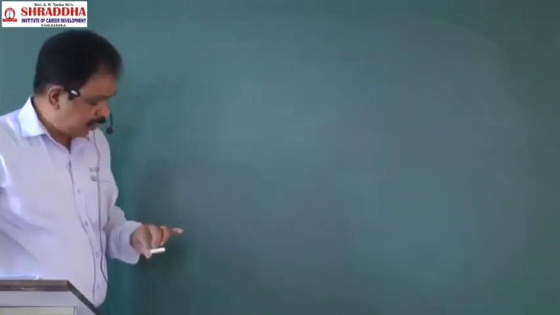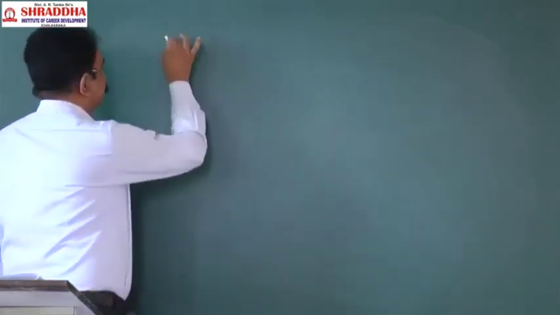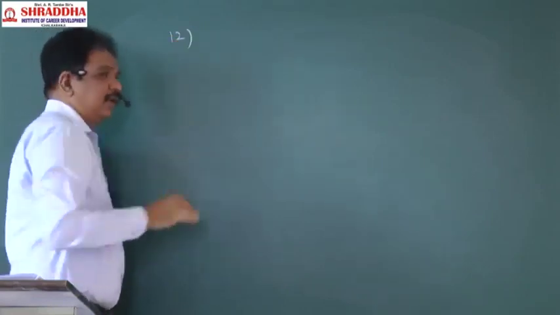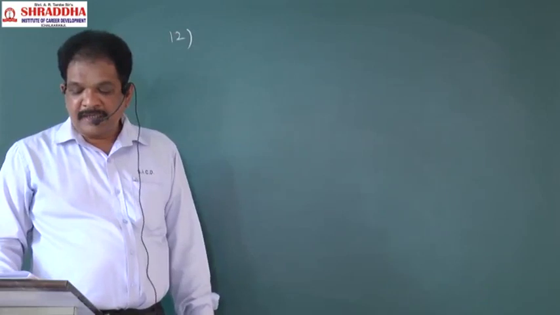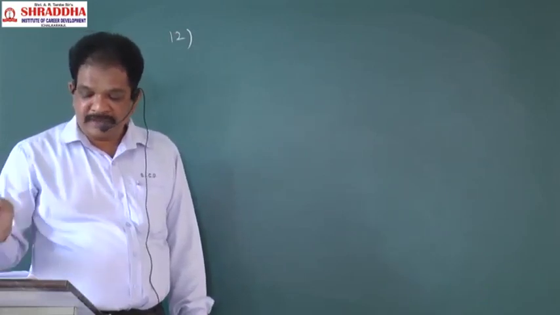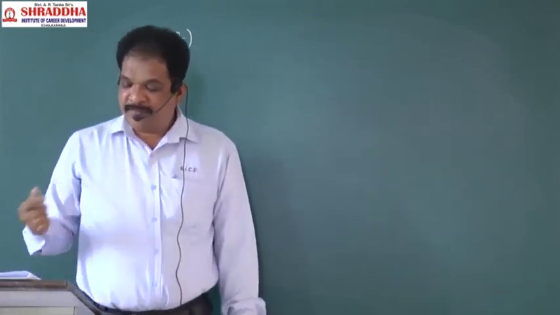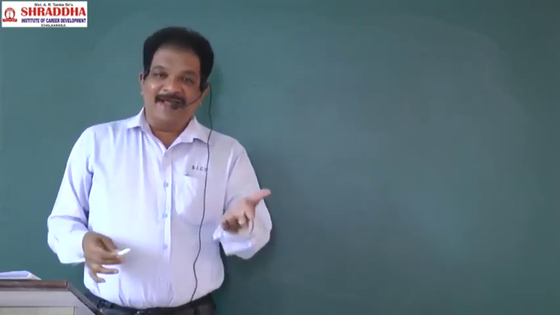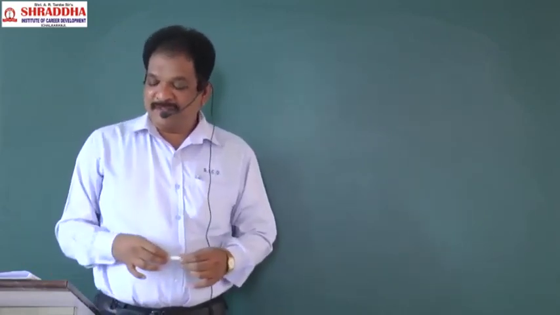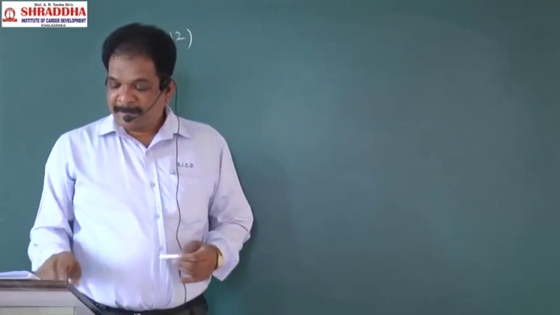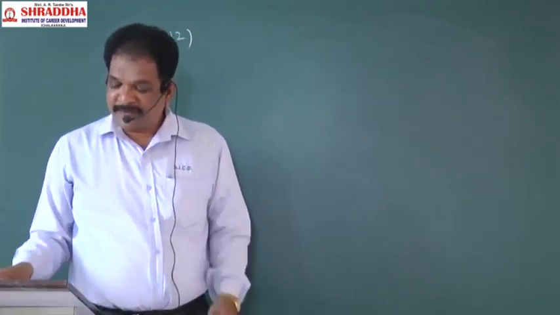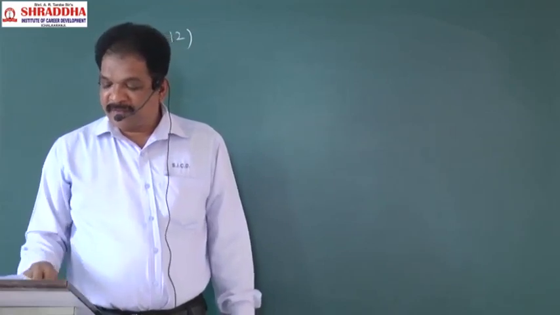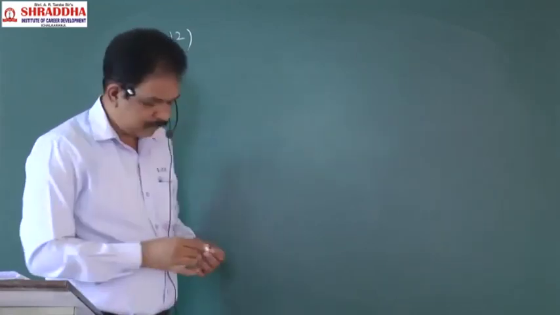Question number 12, what are they asking? The particle has initial velocity. Here also there is a printing mistake. Already we did this question in the exercise, question number 7. Question number 7 and this one are both the same.